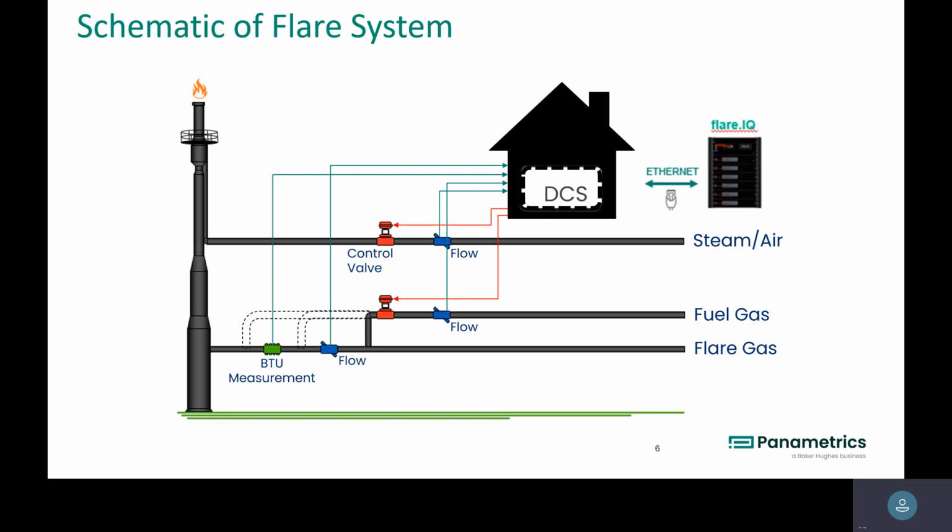Especially in the US, it's required to measure the BTU content with a gas analyzer for the flare gas. Of course, all this is controlled by the DCS. Flare.IQ is just another box, connected to the DCS via Modbus TCP or Ethernet protocol.